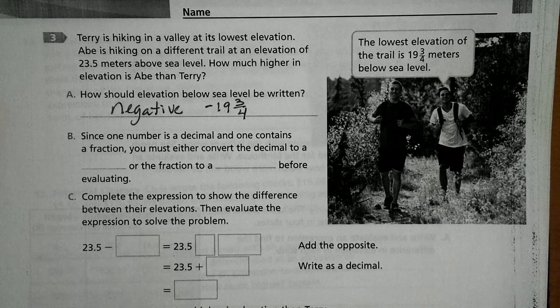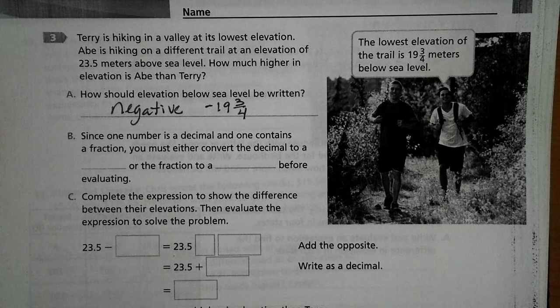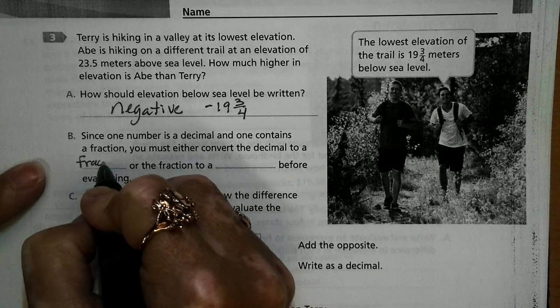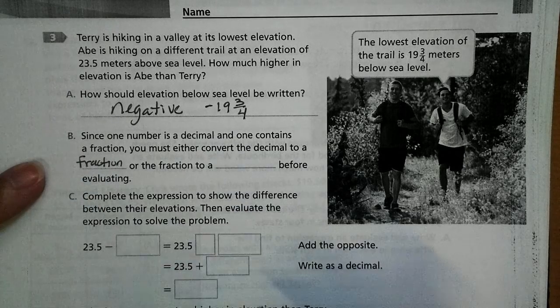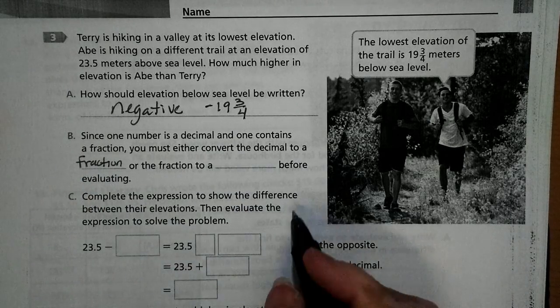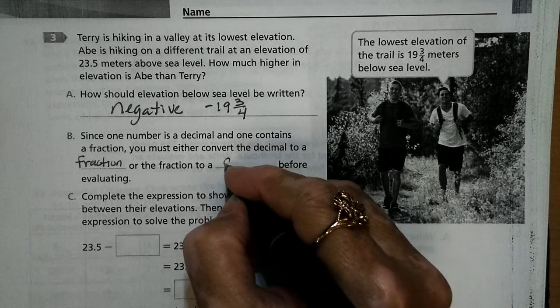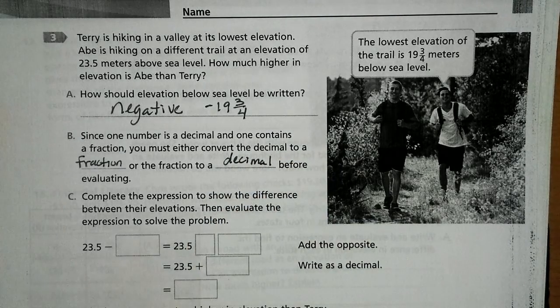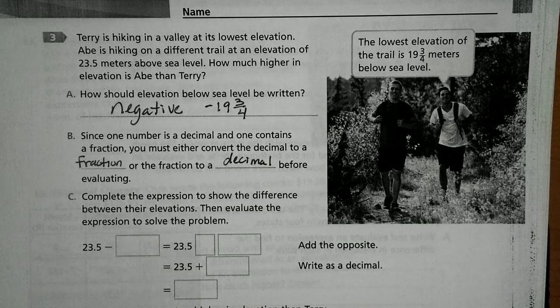Since one number is a decimal and one contains a fraction, you must either convert the decimal to a fraction or the fraction to a decimal before evaluating.